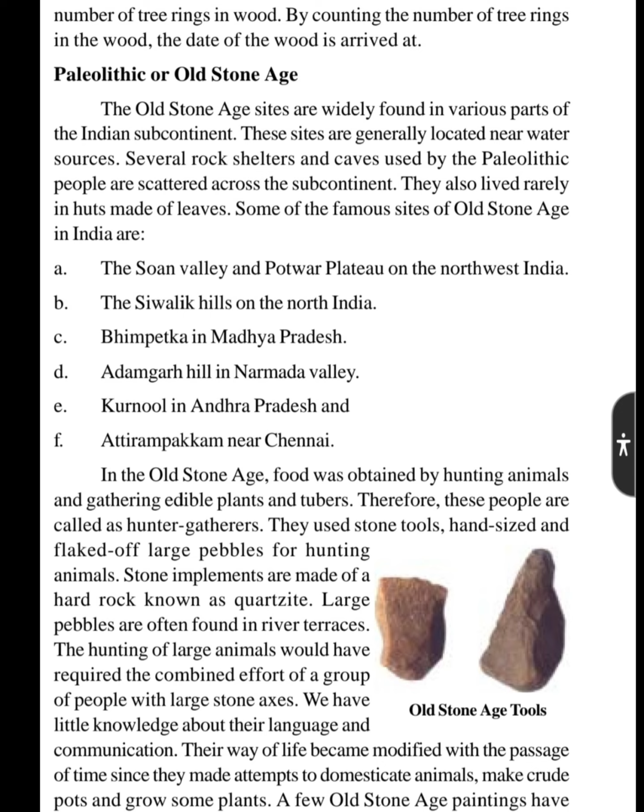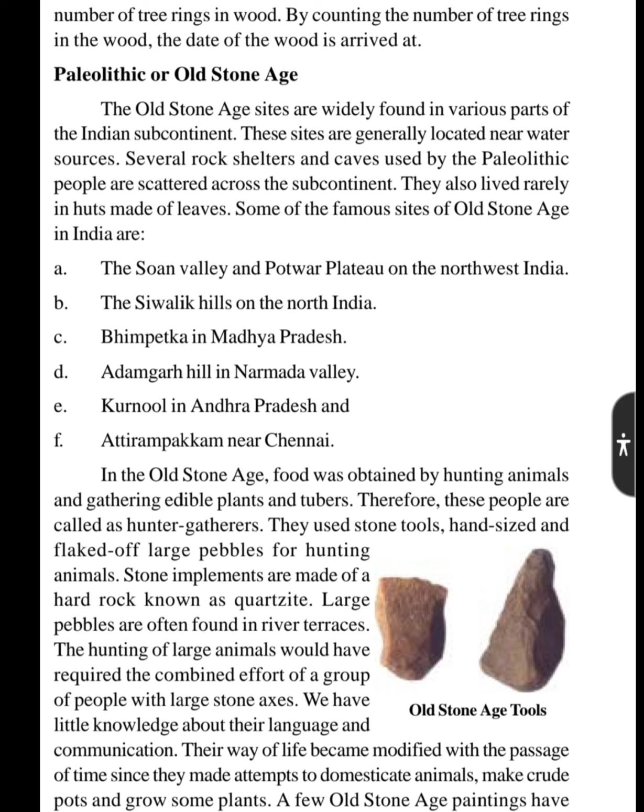Therefore, these people are called hunter-gatherers. They used stone tools, hand-sized and flaked from large pebbles, for hunting animals. Stone implements are made of a hard rock known as quartzite.